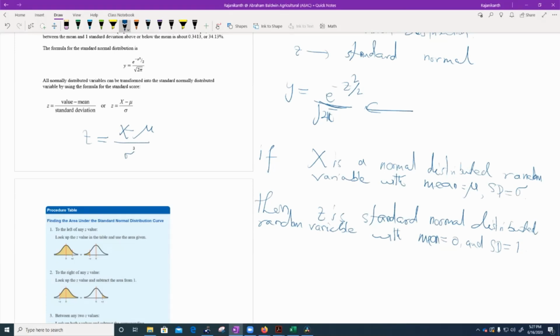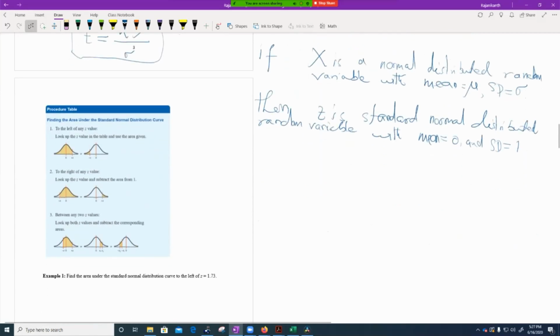Then you will get the new variable, which is a standard normal random variable, z. Okay, so this is the connection between z and x. In summary, if you want to draw the standard normal, I'm using z. The standard normal curve is also a bell-shaped symmetric curve, but the center point mu is now 0, and the standard deviation for this distribution is 1.